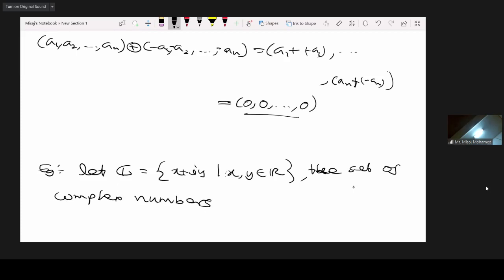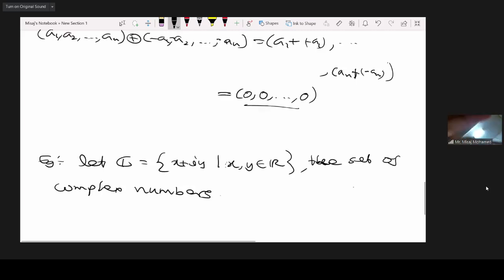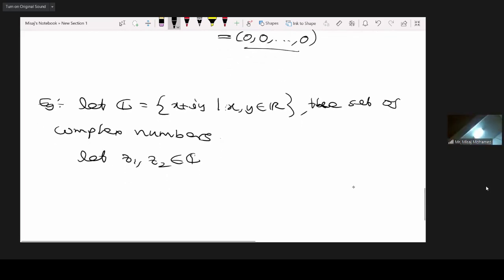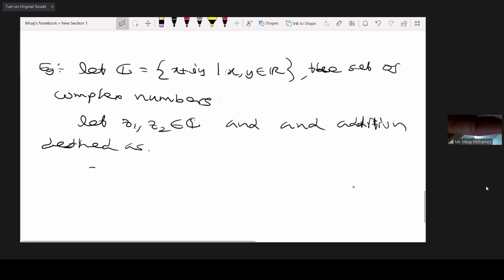Let Z1, Z2 be in C, and addition is defined as Z1 plus Z2 equal to x1 plus iy1 plus x2 plus iy2.